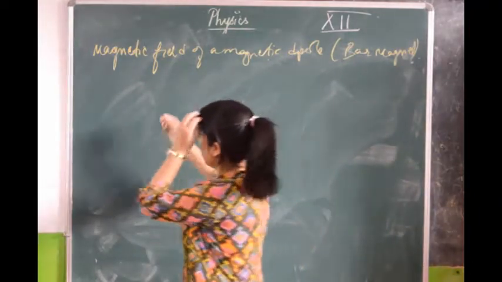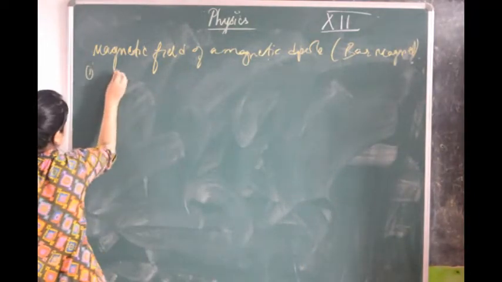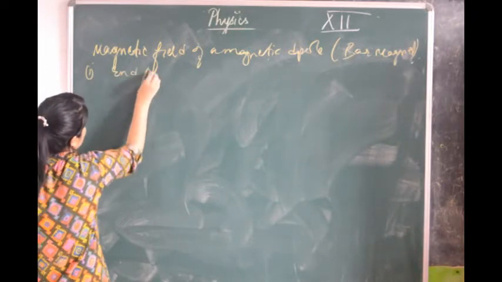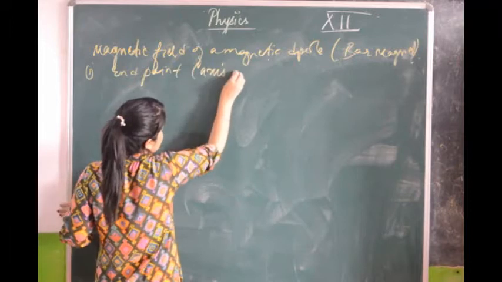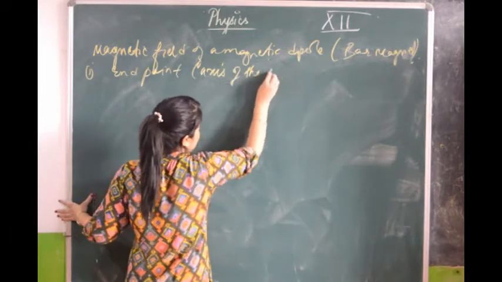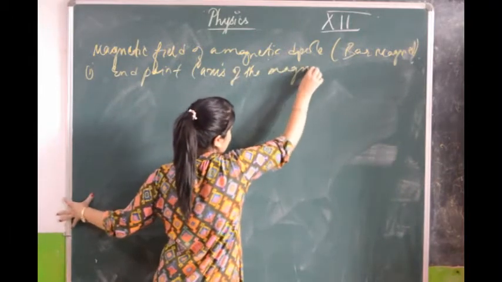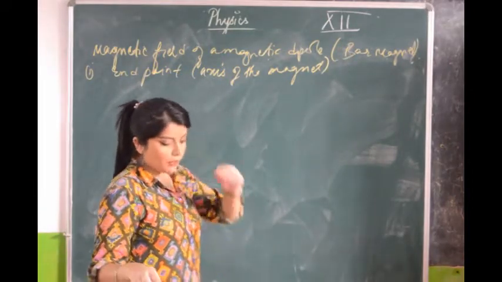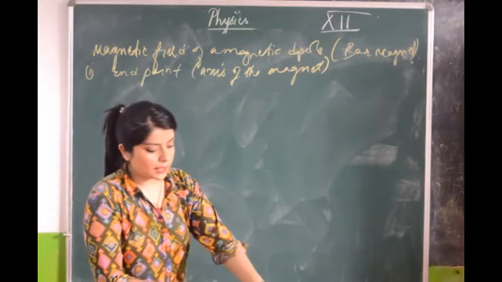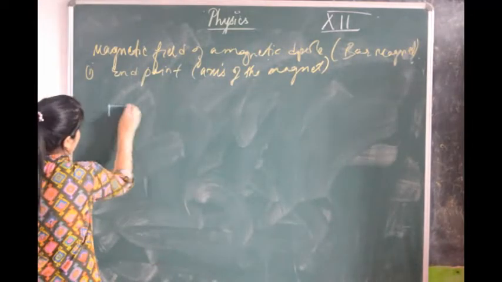So first of all, we need to find the magnetic field at the end point or at the axis of the magnet. So let me draw a magnet.